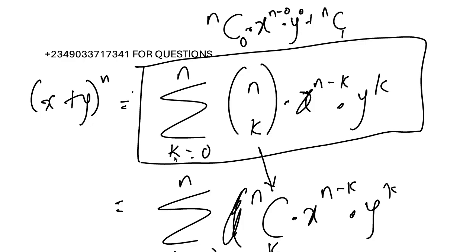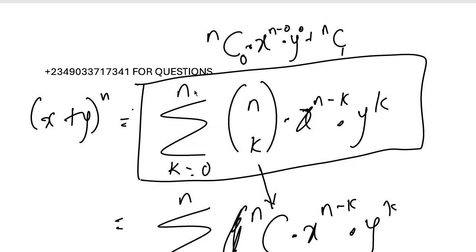That means from the summation of n combination k times x to the power n minus k times y to the power k, from k equal to 0 to k equal to n. That means till the last point.